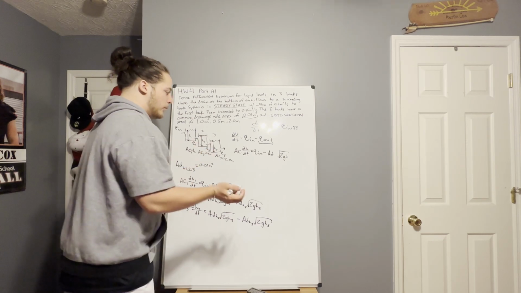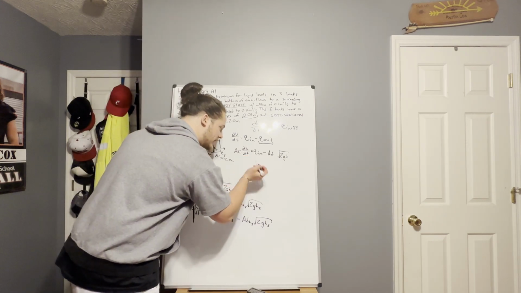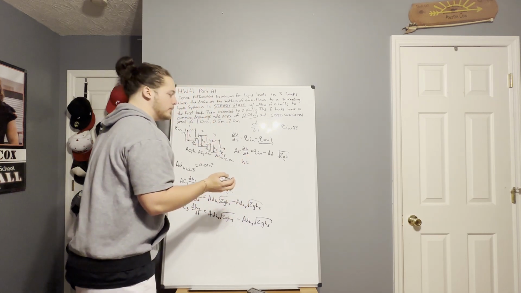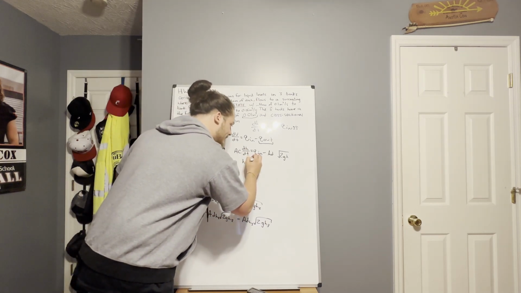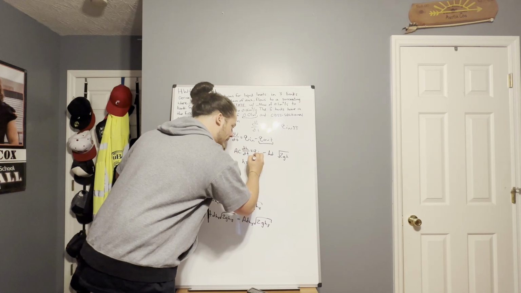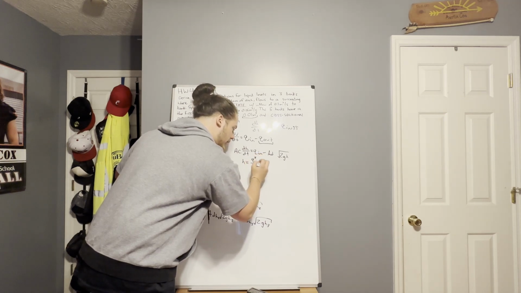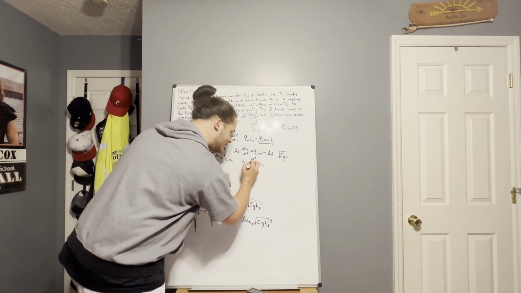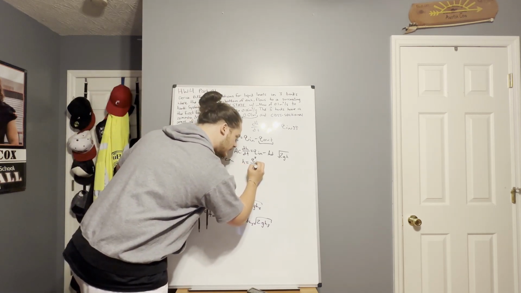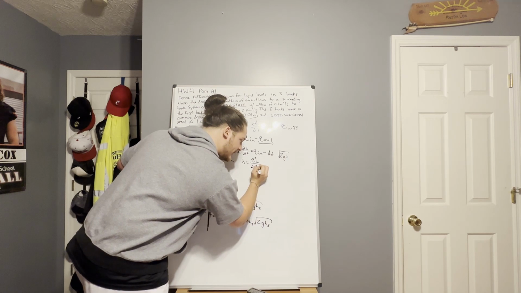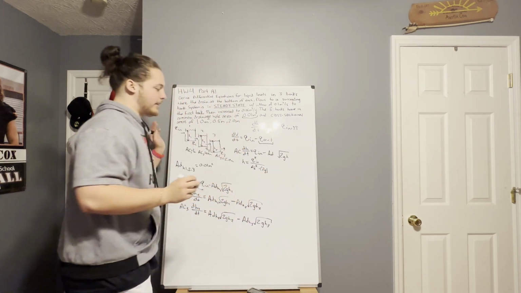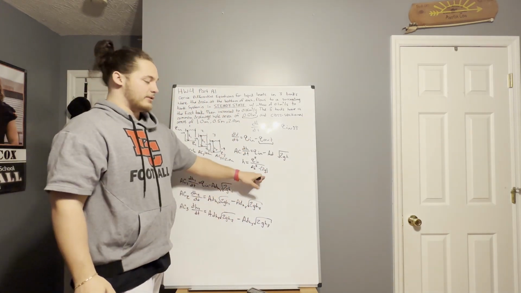So we can denote that our height is going to be equal to the inflow rate squared over our drainage hole area squared, and then that is going to be multiplied by 2 times gravity in our denominator.